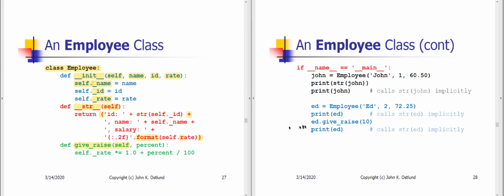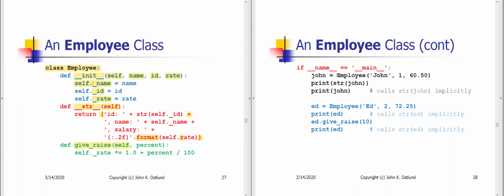Continuing on in the same file, very likely the name of this module is something like employee.py. And so underneath the class definition code in that same file, we have our test whether dunder name is equal to dunder main. And if so, we will hire a couple of employees and test them out.